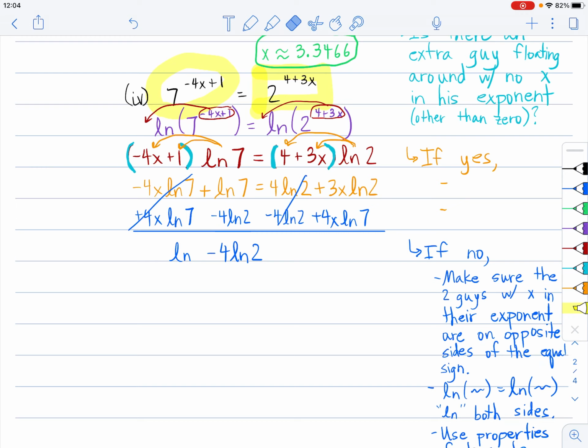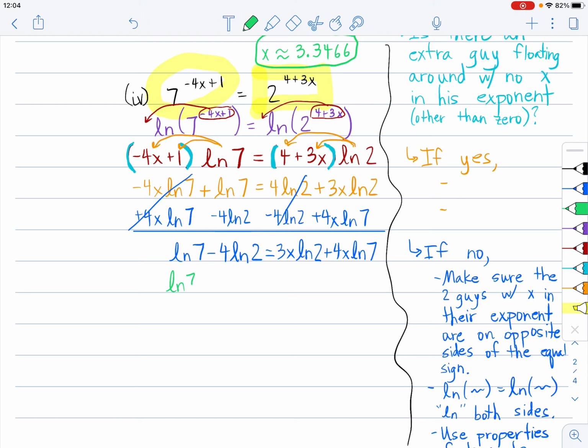That is going to equal 3x ln 2 plus 4x ln 7. I'm just going to squiggle down the side so there's a little barrier there. Next, to finish solving for x, we gathered all of our x guys on one side, everyone else on the other, because to solve for x, now we need to factor them out.